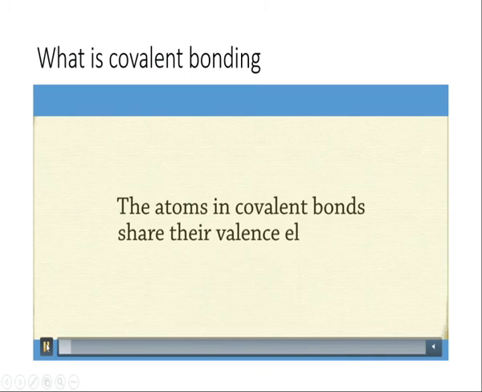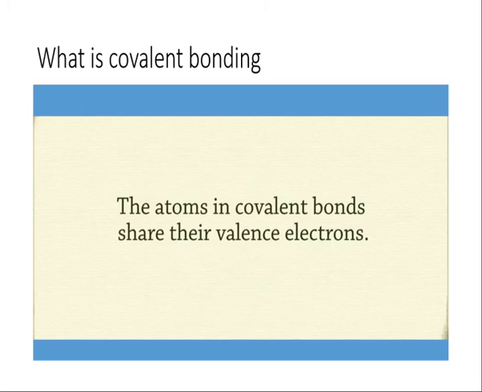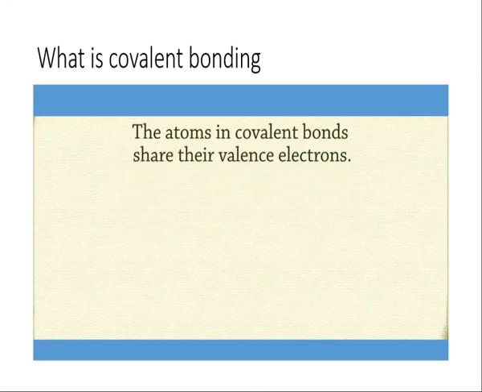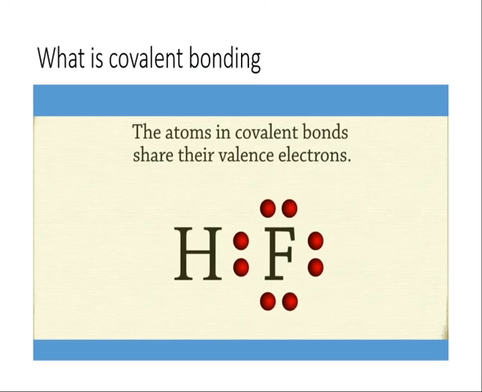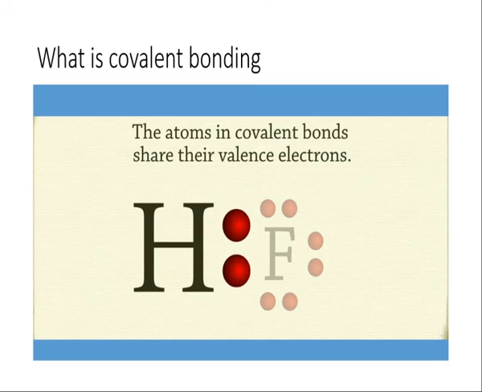So, atoms in covalent bonds share their valency electrons. For instance, if we consider hydrogen fluoride. Hydrogen fluoride is a compound which results from the formation of covalent bonds. Fluorine, for instance, has 7 electrons, while hydrogen has 1 electron in the outermost energy level.